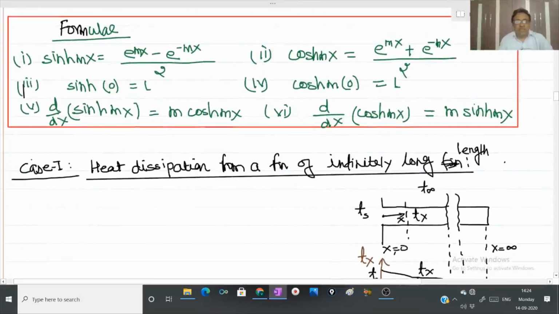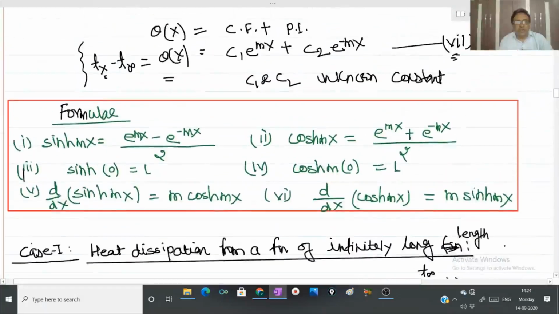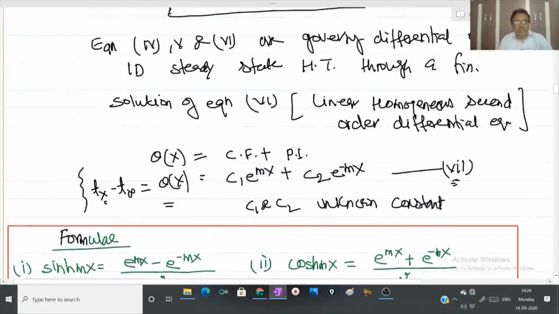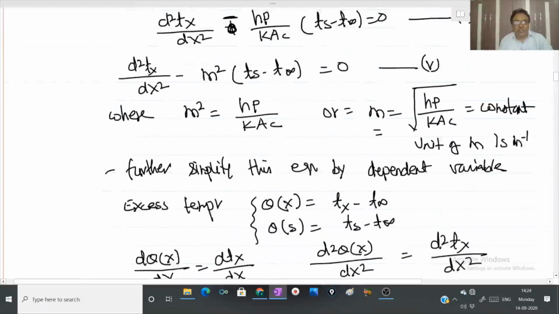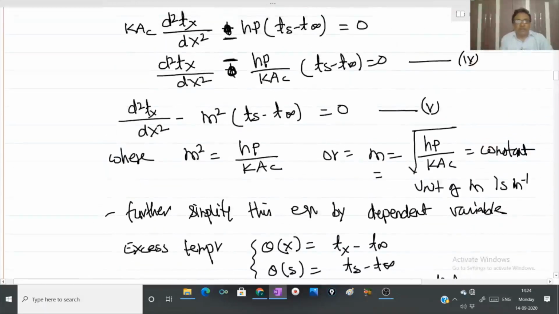From one-dimensional steady-state heat transfer from extended surface, we have got the governing differential equation for fins.